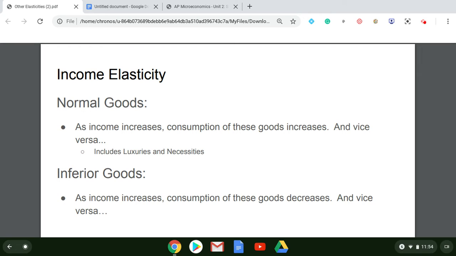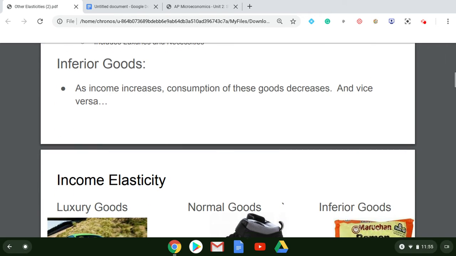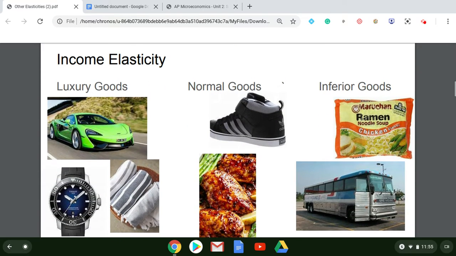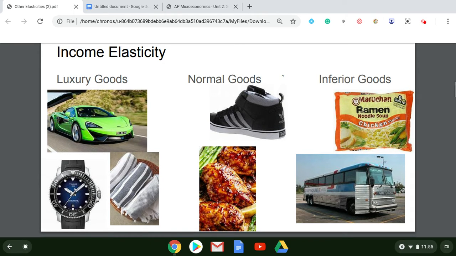There are some goods that we call inferior goods, and what happens there is as income increases, consumption of these goods actually decreases. And vice versa: as income decreases, you can consume more of these goods. So let's talk about some examples. I put here luxury goods: fine cars, watches.